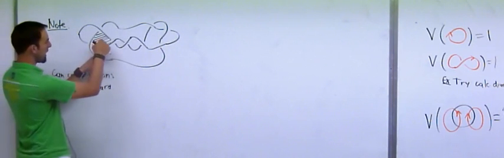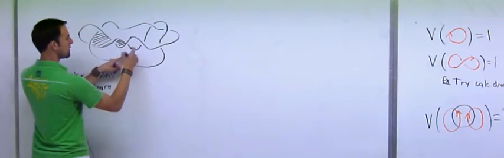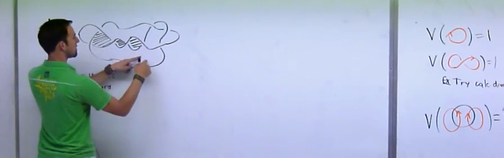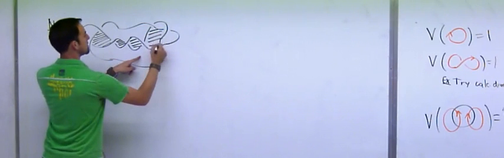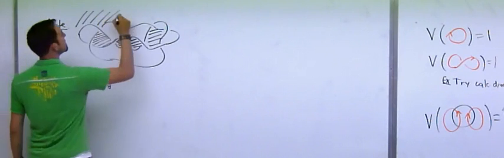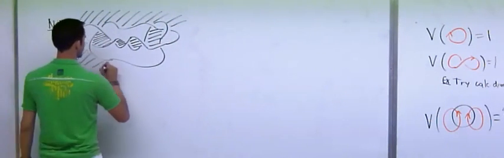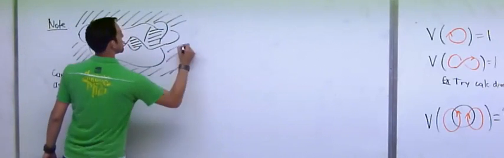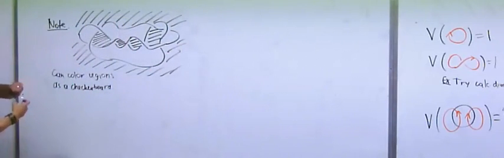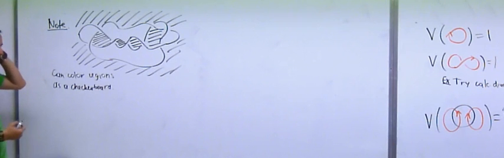So you go black, white, black, white, black, white. And the point is, any two faces of this picture that are joined by an edge have opposite colors. You should think about why you can do this, and it's true, you can always do it.